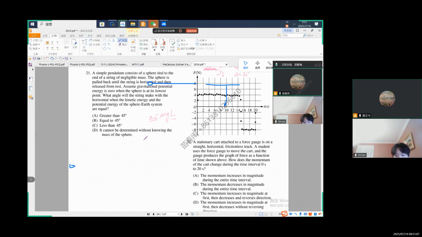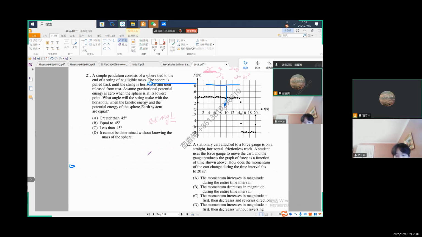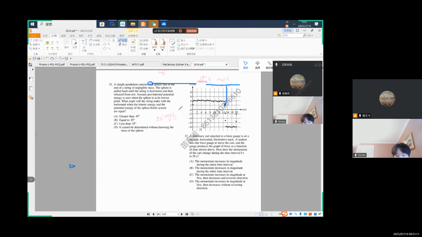Okay, 22. A stationary car attached to a force gauge is on the street. How does the momentum of the car change anytime it moves from 0 to 20 seconds? This is force and this is time.